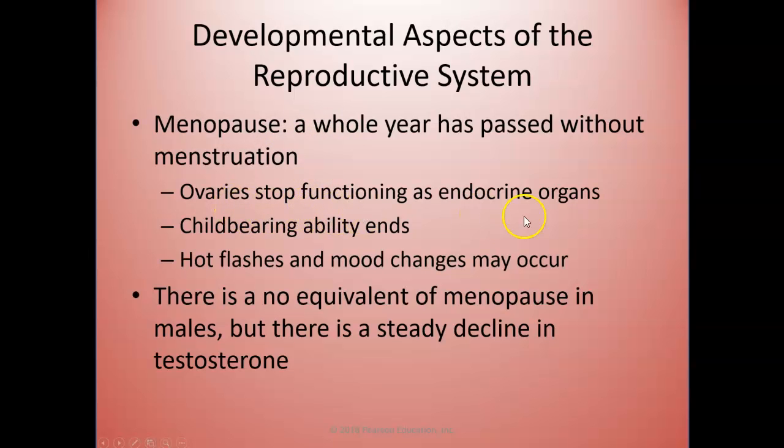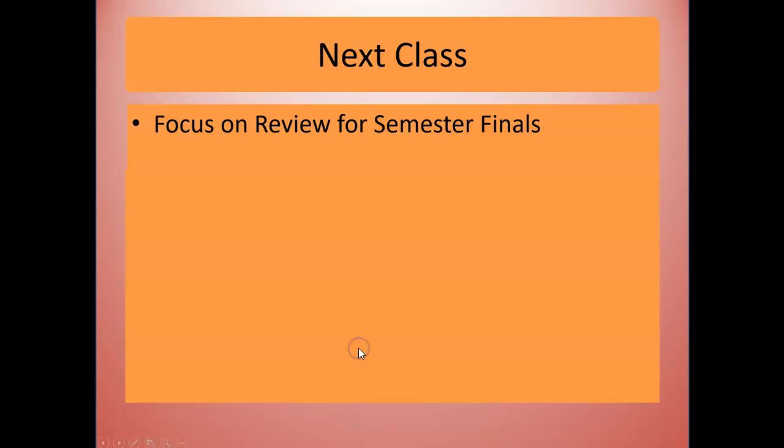The ovaries stop functioning as endocrine glands and are no longer producing estrogen or progesterone. Childbearing ability ends. There can be changes in body temperature, hot flashes, and changes in mood. There's nothing equivalent to menopause in men, but men do experience a steady decline in testosterone as they age.